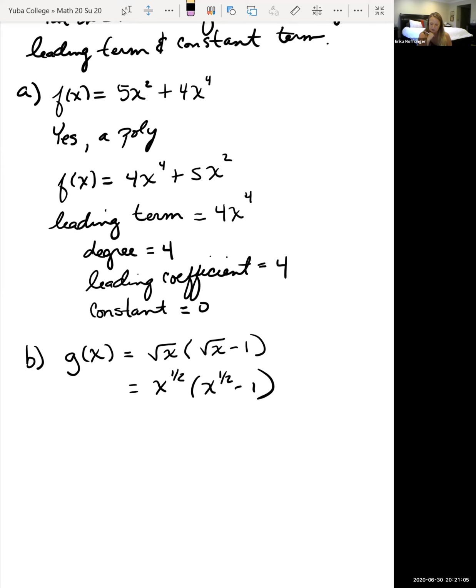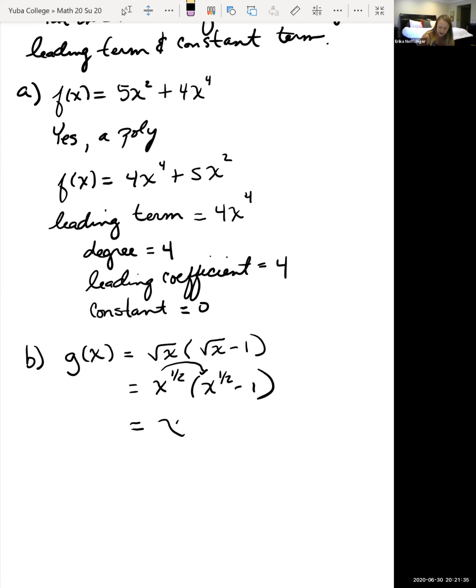So is that a polynomial? Okay, so I'm getting that. Normally you don't have to distribute, I can tell that it's not, but let's just distribute and remember rules of exponents. You have the same base here, x.